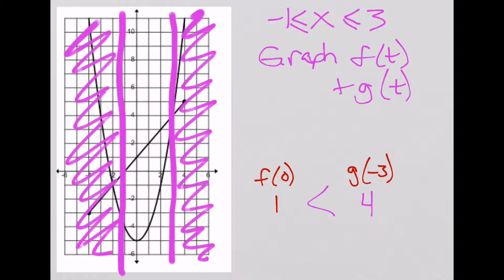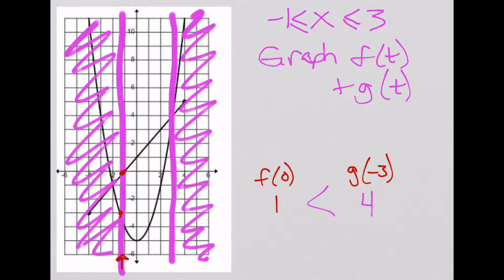Okay, so the way we do that is we just march across one at a time. Let's start right here where x equals negative 1. When x equals negative 1, function f was at 0, and my function g was at negative 4.